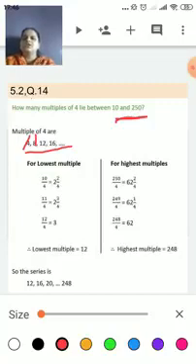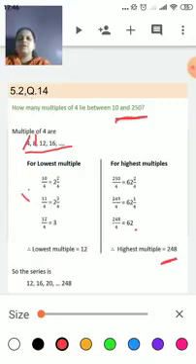So till 250 you just find the last number which is divisible by 4. For the lowest multiple, how to find? It is nothing but 12 by 4 is 3, so 12 is the first one. Similarly here they got 248 by 4 is 62, so 248 is divisible by 4.